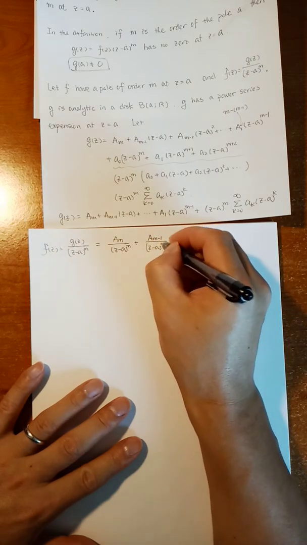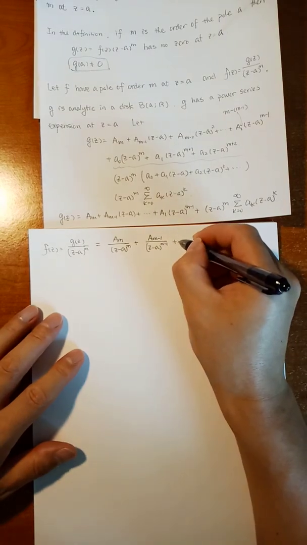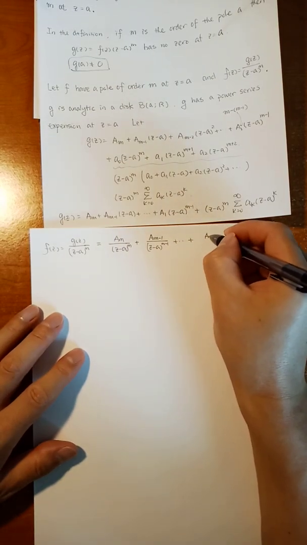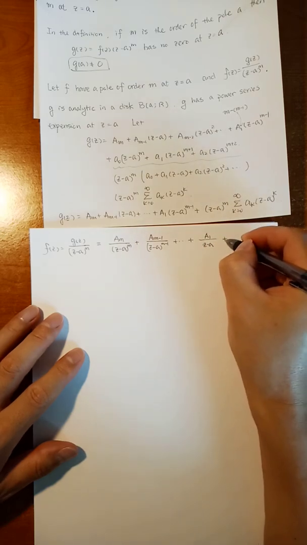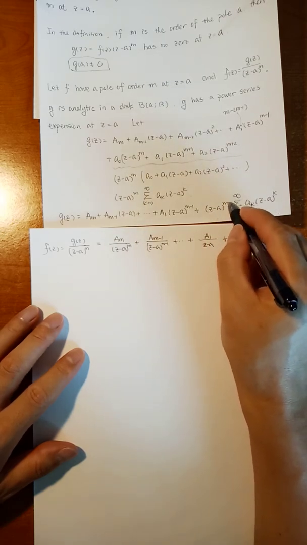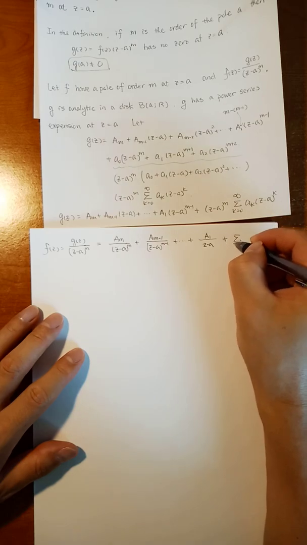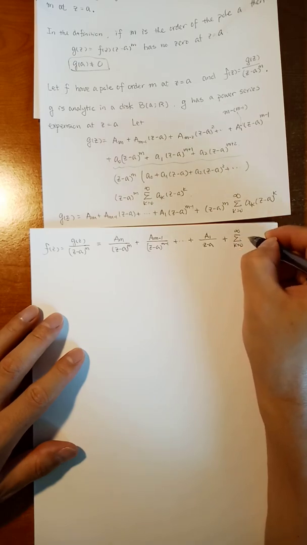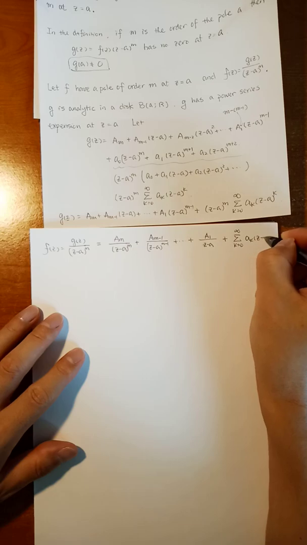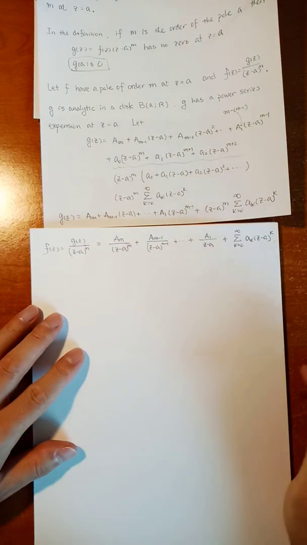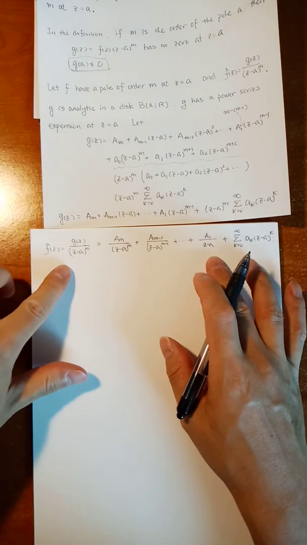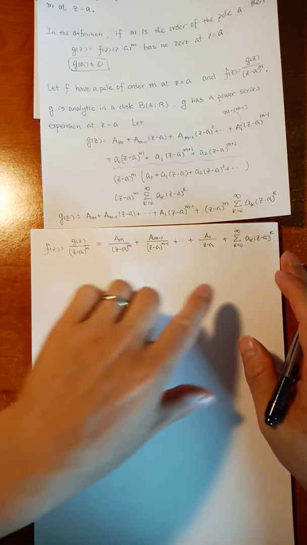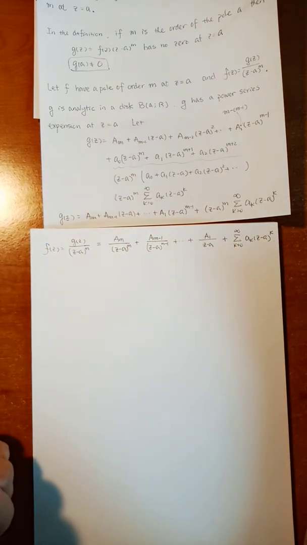You see here, that's why we want to match them. Until the last one, a1 over z minus a to the first power. In this tail, we cancel z minus a to the mth power, so we just have sigma k from 0 to infinity, ak z minus a to the kth power. Okay, so we just want to separate the rational part from the polynomial part.